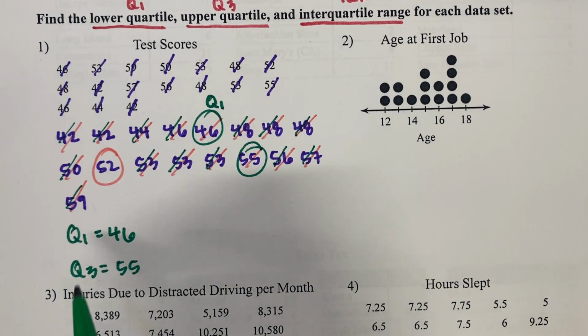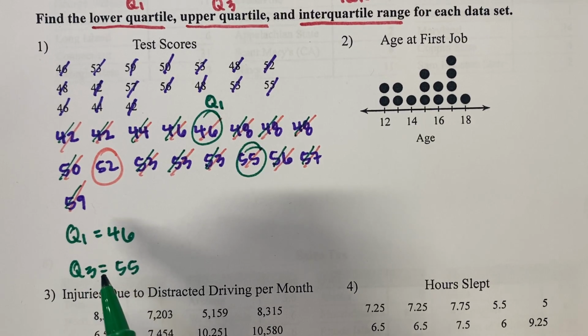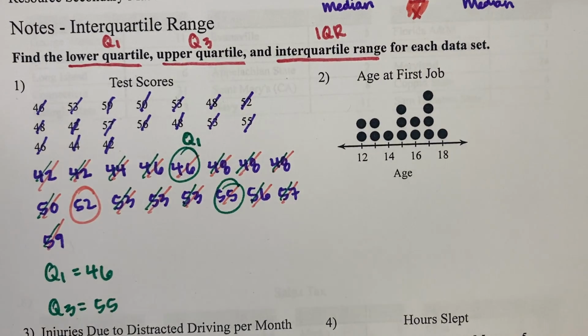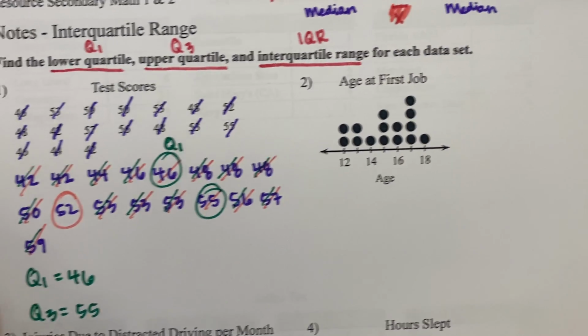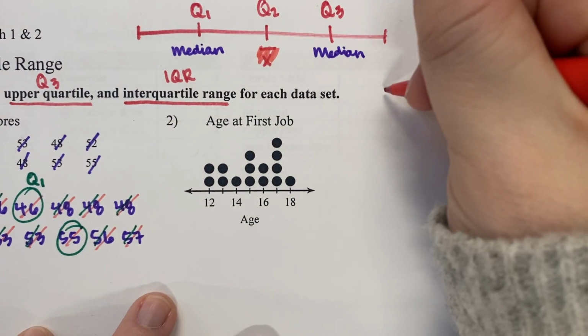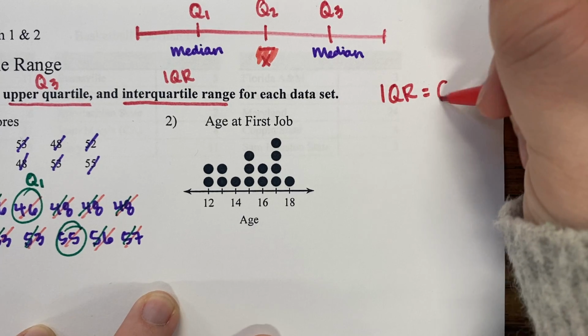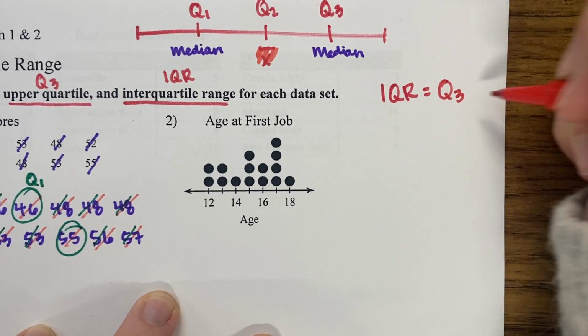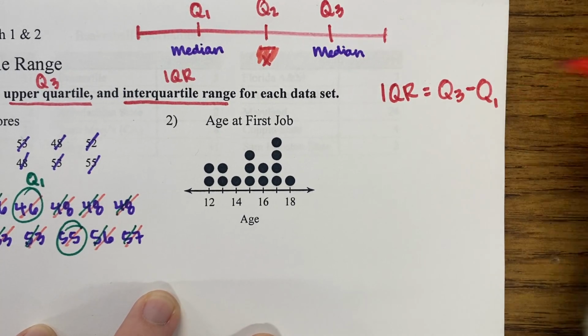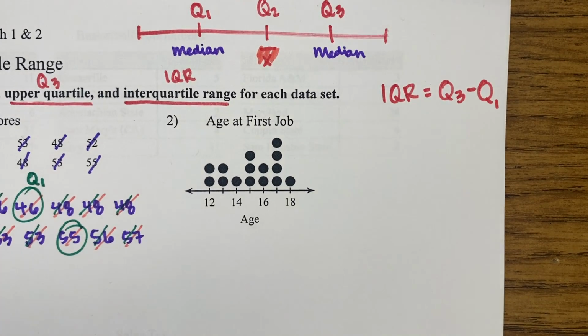So we found our lower and upper quartiles, but now we need to find our IQR. In order to find our IQR, let's put our little formula here. This is actually going to be our upper quartile subtracting our lower quartile.